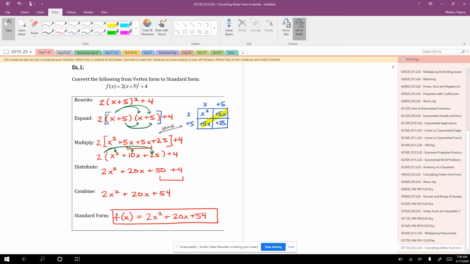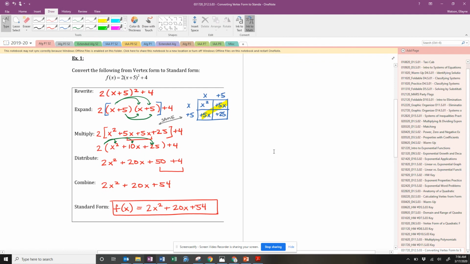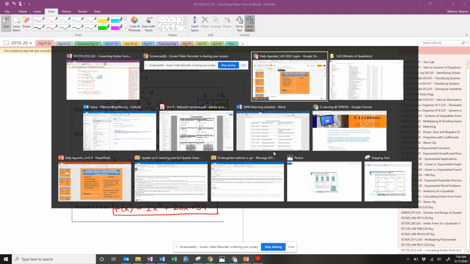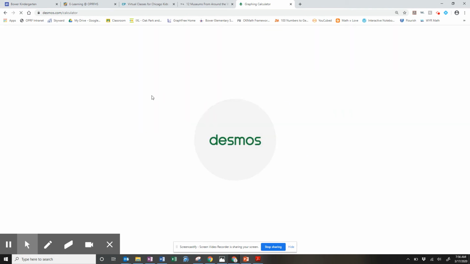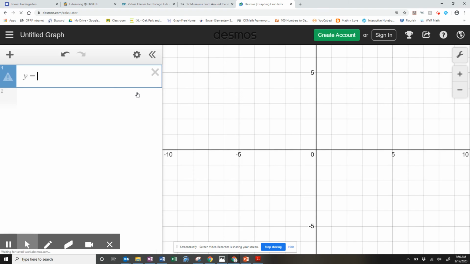All right, so let me go ahead and just do that really quick, just so you can see what I'm talking about. I'm going to go into Desmos. First I'm going to type in the equation in vertex form.